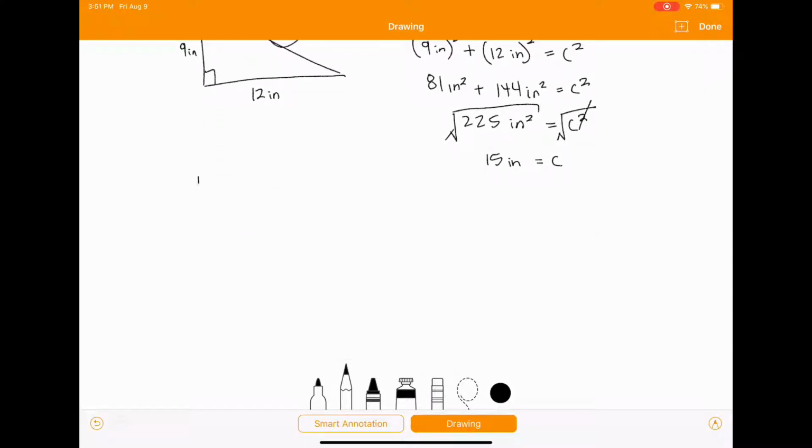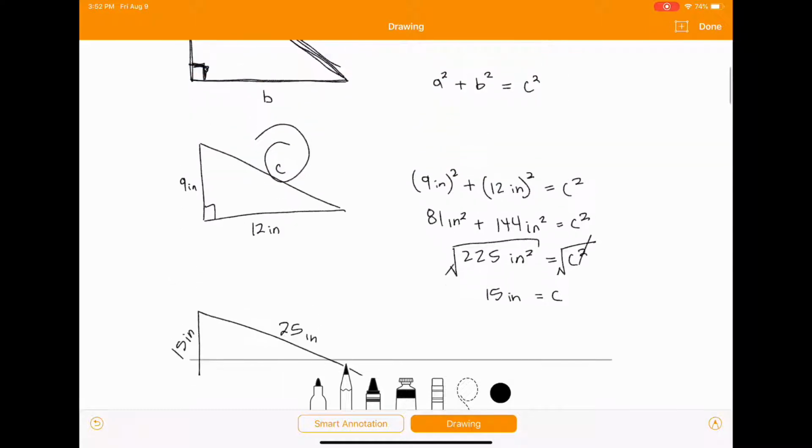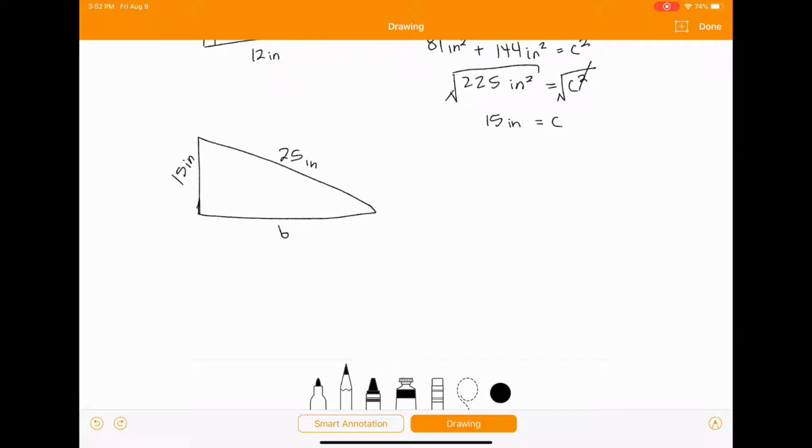Now this also works if, let's say we know this is 25 inches and we know that this is 15 inches and we need to find side B. Again, you just take what you know and plug it into this equation. So you use the Pythagorean theorem.